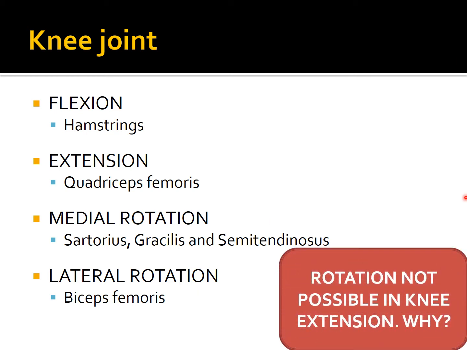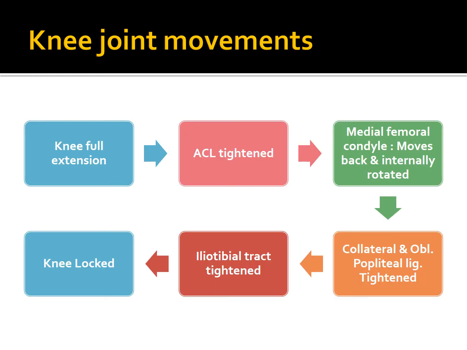As I said before, rotation is not possible in the knee when the knee is fully extended. Why? Because in full extension, the knee goes into what is called a locked position. In this position, medial and lateral rotation is not possible.